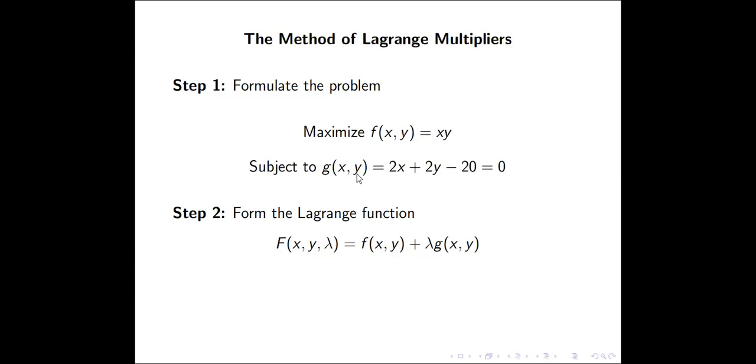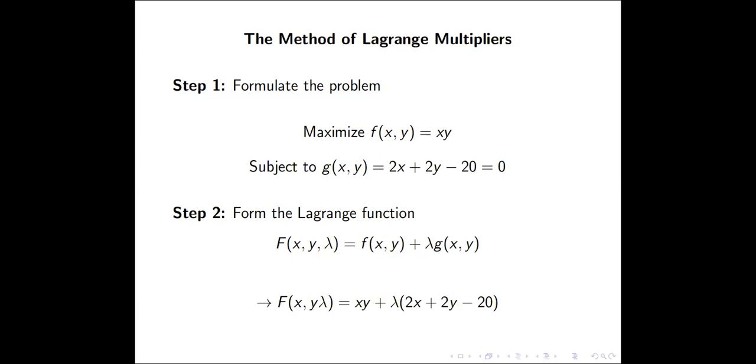So if we plug in these two in this formula, we get our Lagrange function as xy, that's f, plus lambda g. That's our Lagrange function. You just have to get those from step 1, where you first formulate the quantity to be optimized in terms of a two-variable function, and then determine the constraint based on the given in the problem.